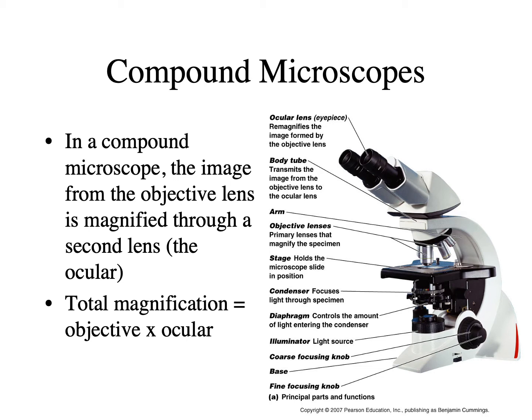The oculars are usually 10x, but sometimes they're 20x, so with a fancier microscope you might get another bump of magnification. In order to calculate the total magnification, you just multiply those numbers together. So if the ocular is 10x and you're using the 4x lens, it would be 40 times magnification.